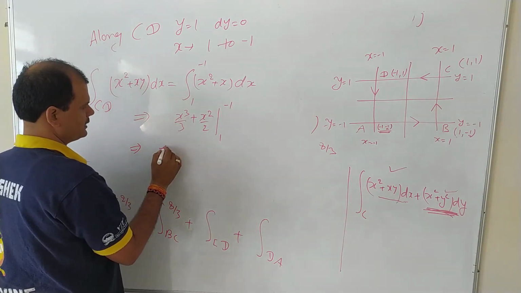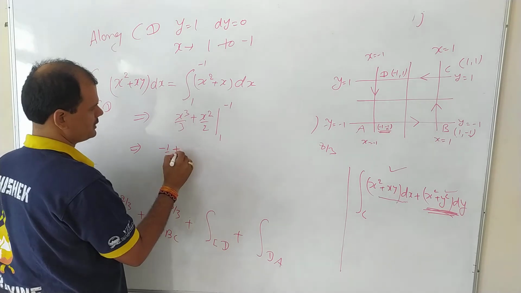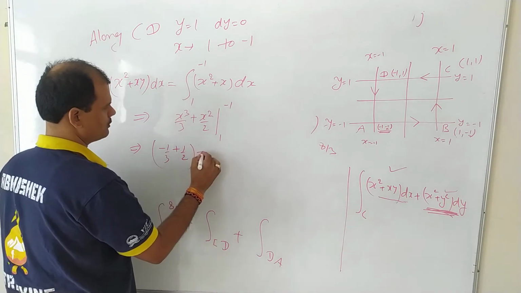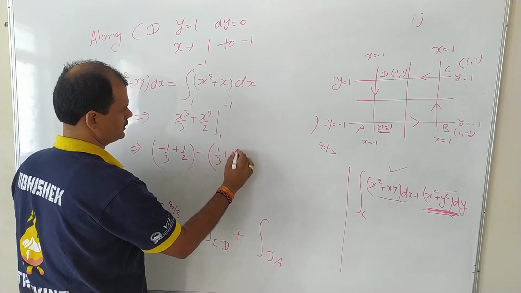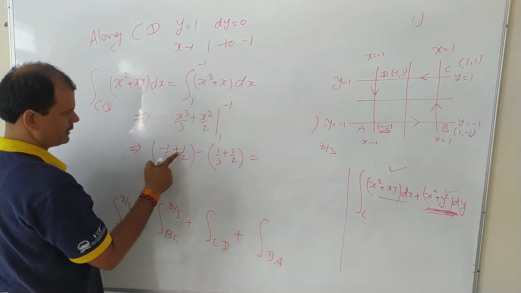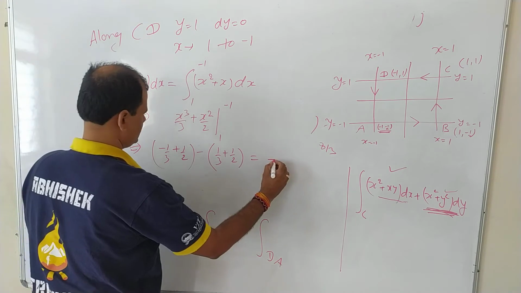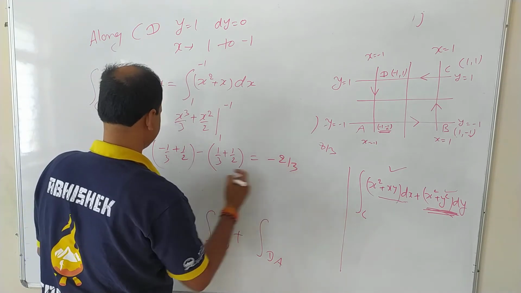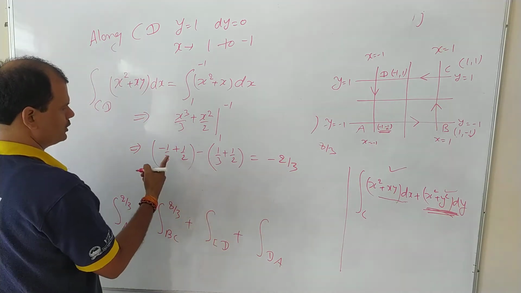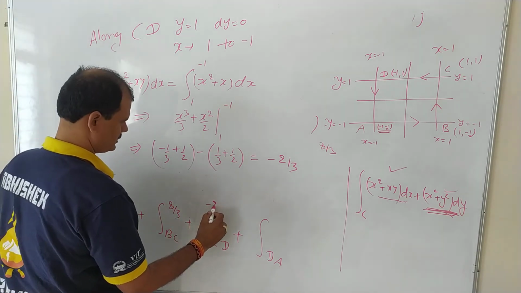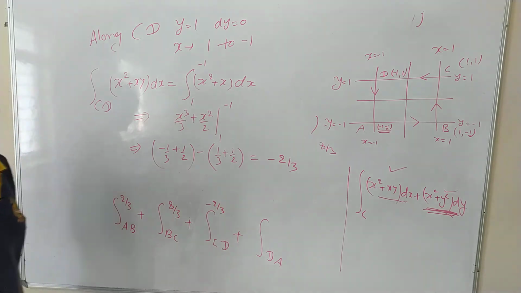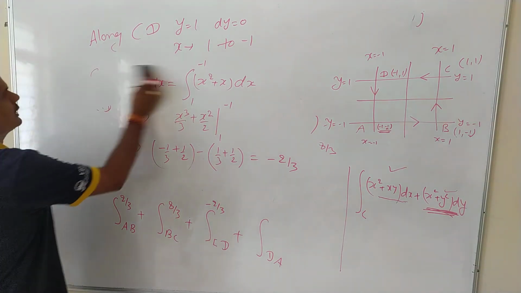So we get -1 by 3 plus 1 by 2 minus 1 by 3 plus 1 by 2, so -2 by 3 plus the 1 by 2 terms, which cancel. So we get -2 by 3.